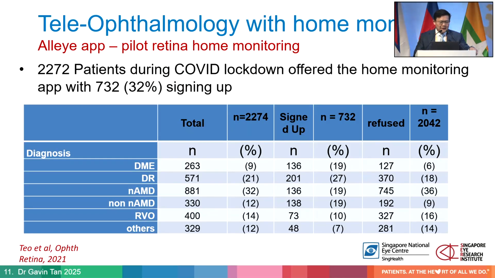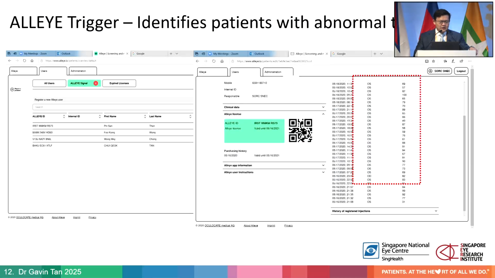We did a pilot program during COVID where we offered this app to 2,000 patients, with a 32% sign-up rate, with various diagnoses. And again, consistent abnormal results would trigger a notification to the clinic, and the clinic can call the patients back.